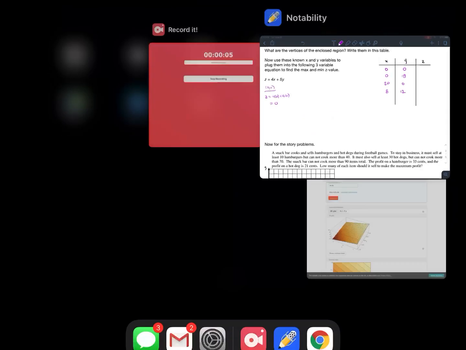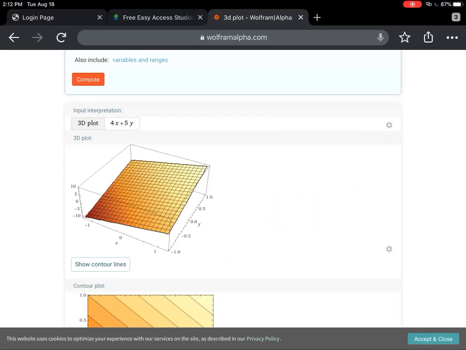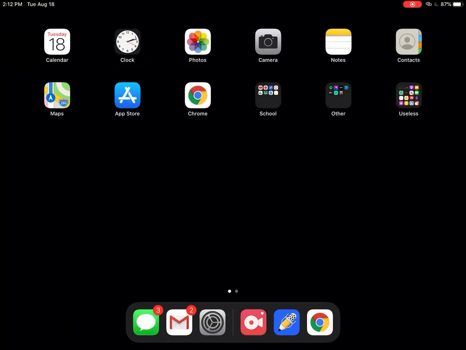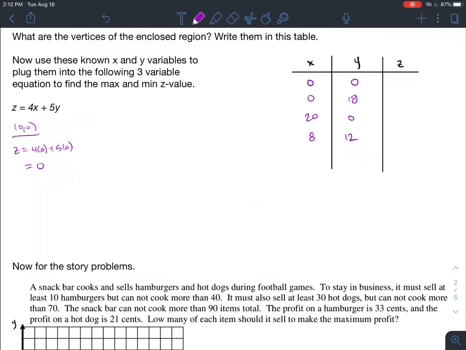You can see that in this graph, because right in the middle of this plane is the point 0, 0, 0. So our height at 0, 0 is still 0. Let's put that in there.